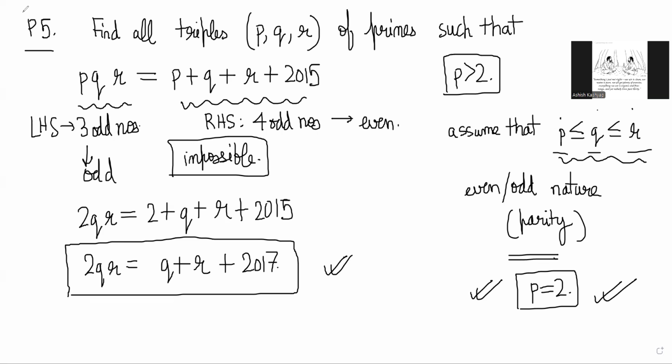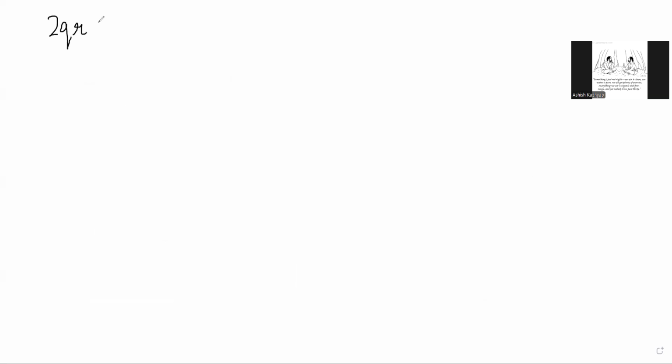We will discuss it on the next screen. So we have 2QR is equal to Q plus R plus 2017. And at this stage, I would like you to know something. This is something that I have discussed in my Olympiad algebra course, which is there on Udemy.